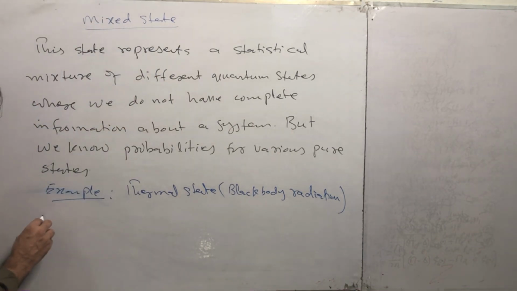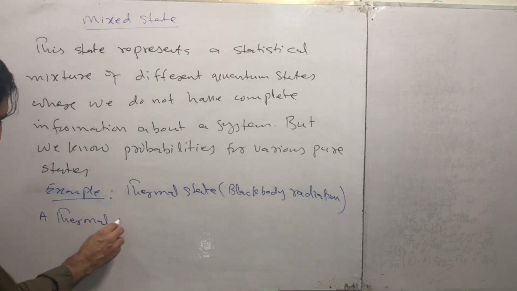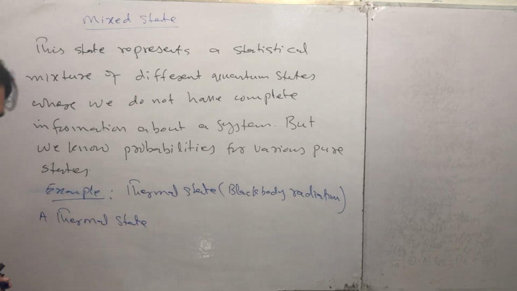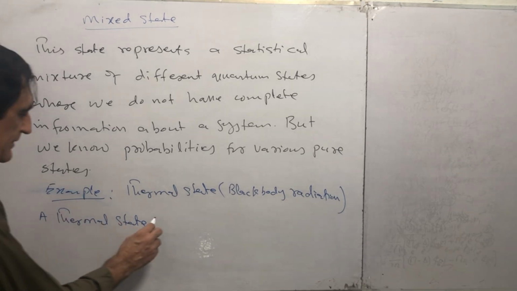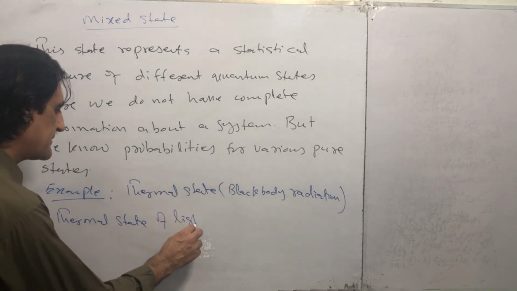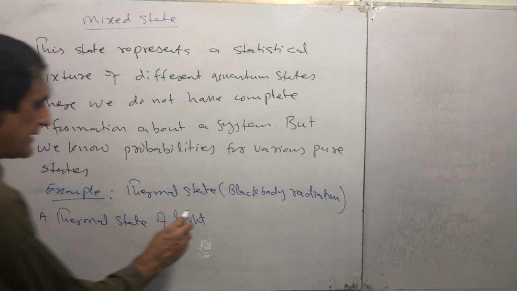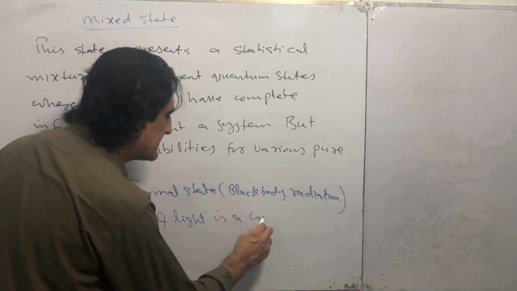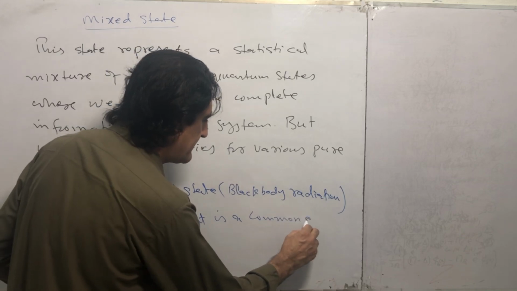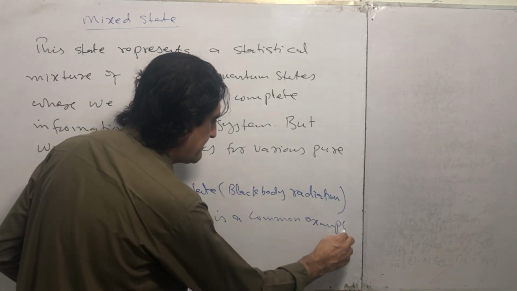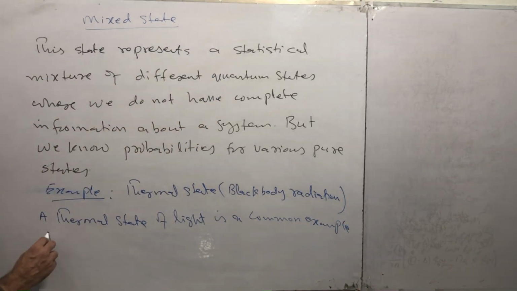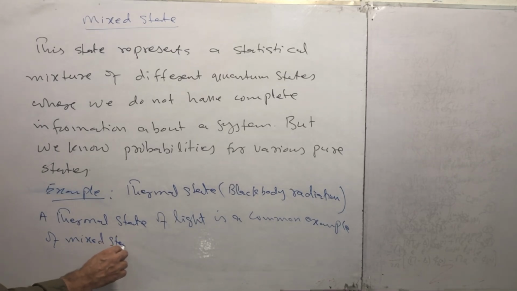A thermal state of light is a common example of a mixed state.